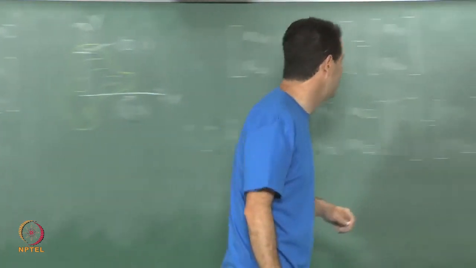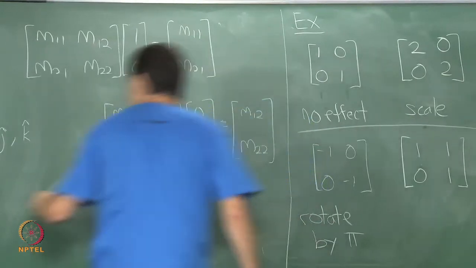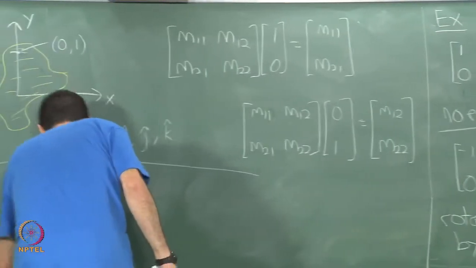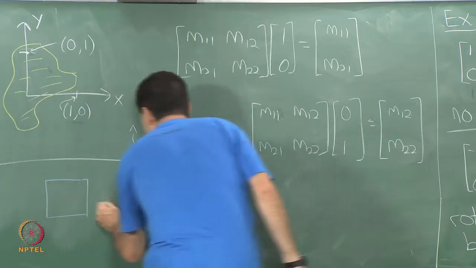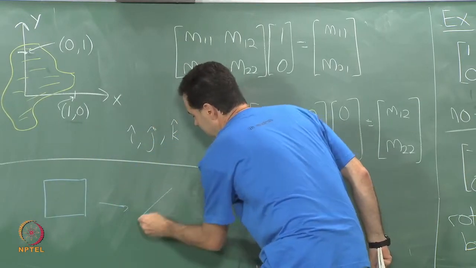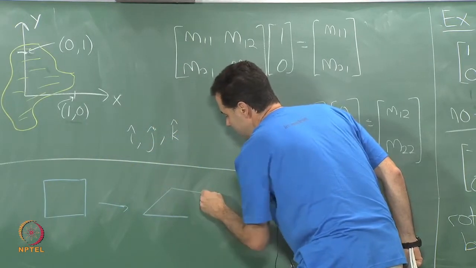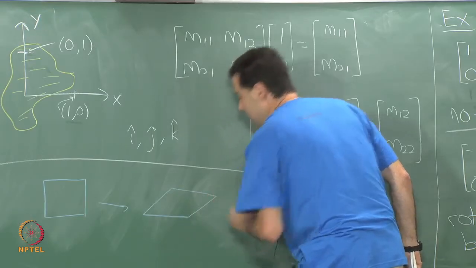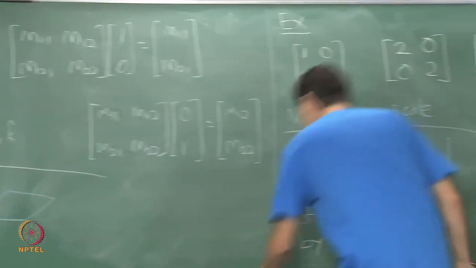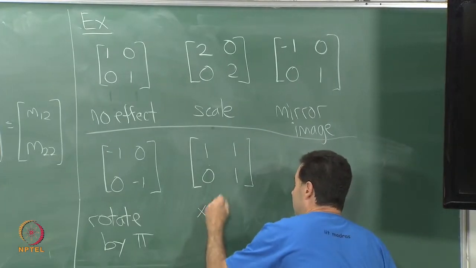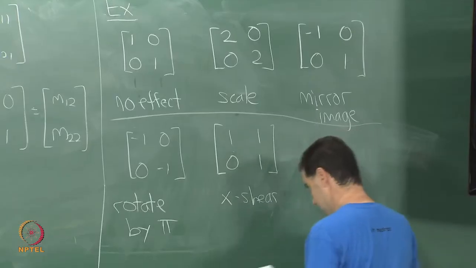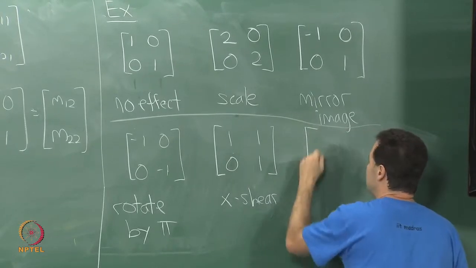So that will have an effect of taking something that is, let me draw it here. If I start off with a square, it will turn into something like this, right? So it's what is called a shearing transformation. So if I do this, I get an x shear. And if you want a y shear, you can just go the other way.